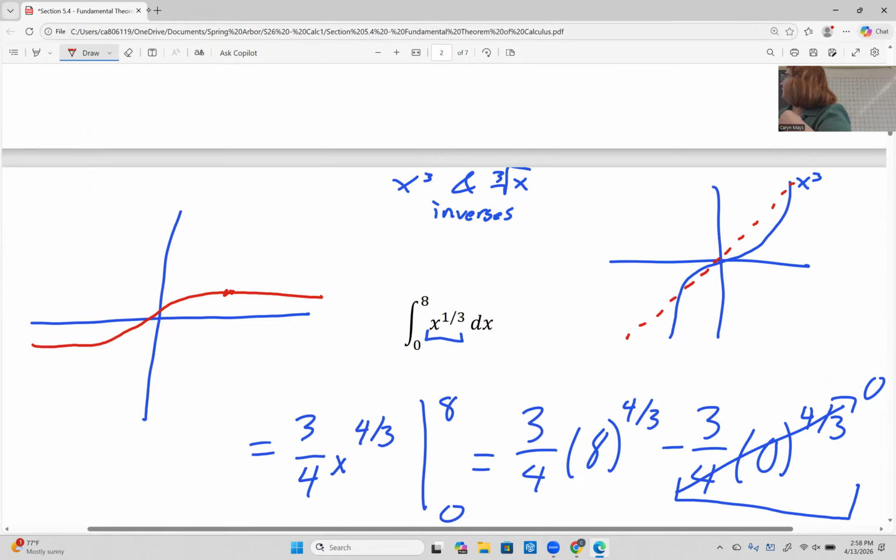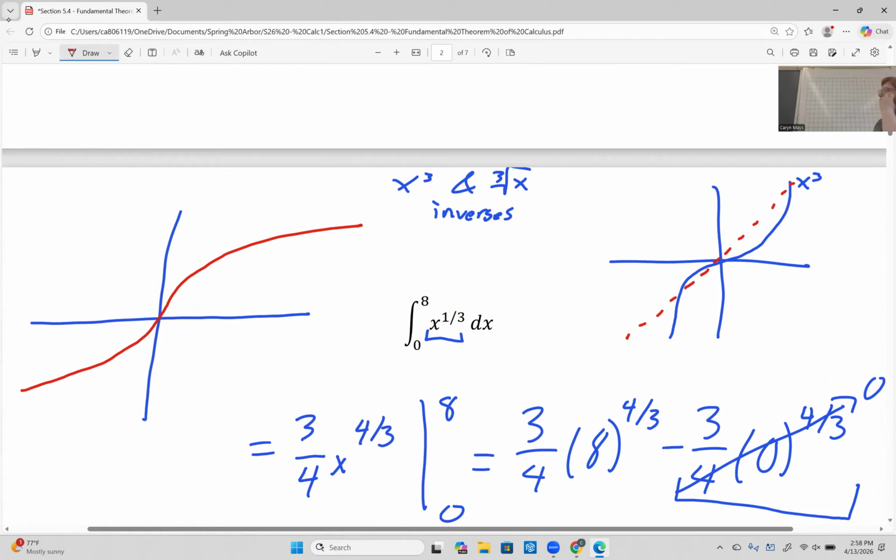Let me erase and try that again. X cubed ends up looking like that. It's the flip over this line of x cubed. Sorry, this is cube root of x, or x to the 1/3, what we just found.